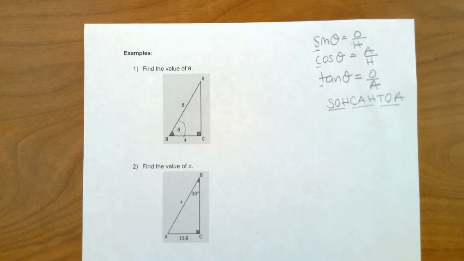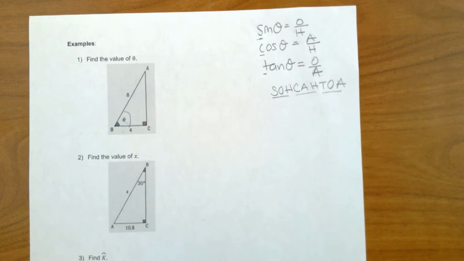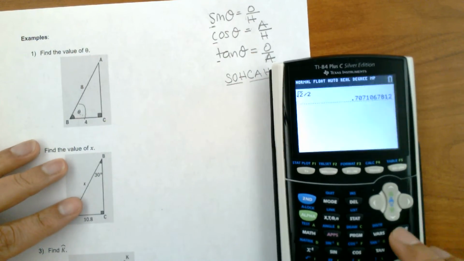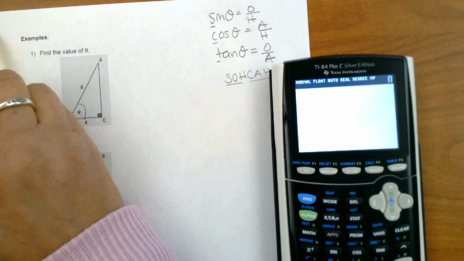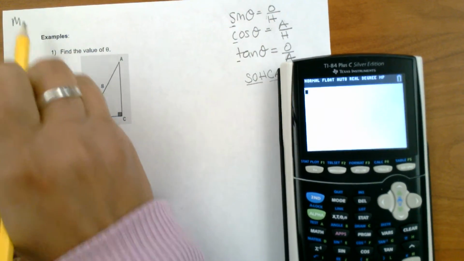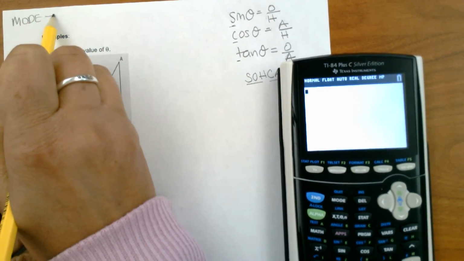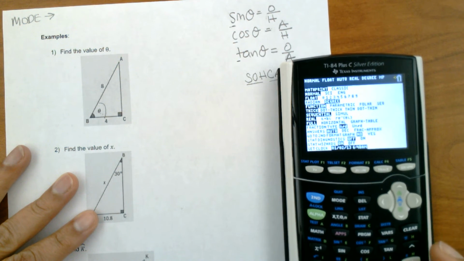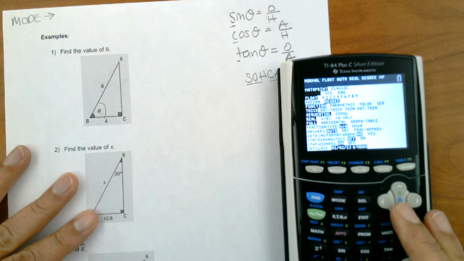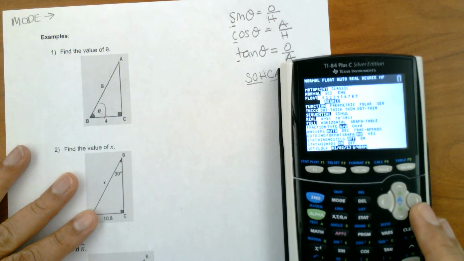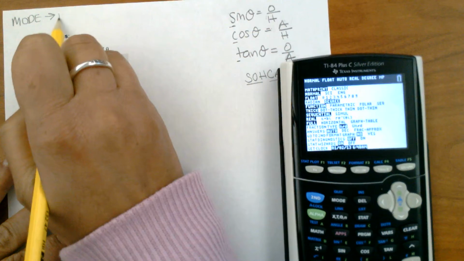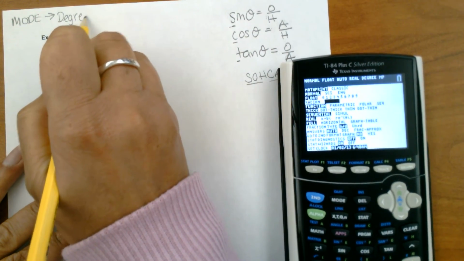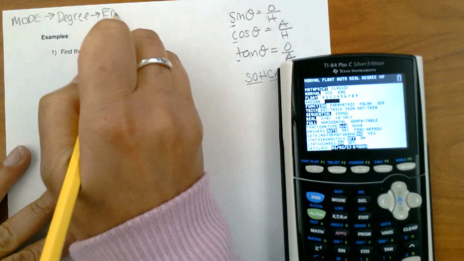The other thing that I'm going to write up is that we're going to be working in degrees. So what I need you to do on your calculator, let me move this over, is press mode. So mode is right here, right next to the second. And I want you to notice if you go down to the third line, you see radian and you see degree. So I want you to go over so that your blinking box is on degree, and I want you to press enter.